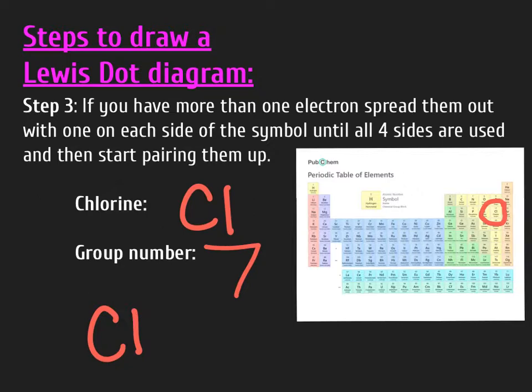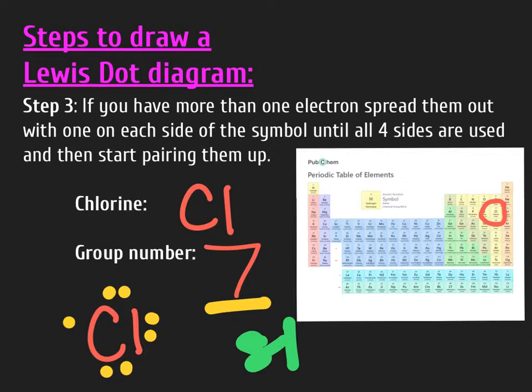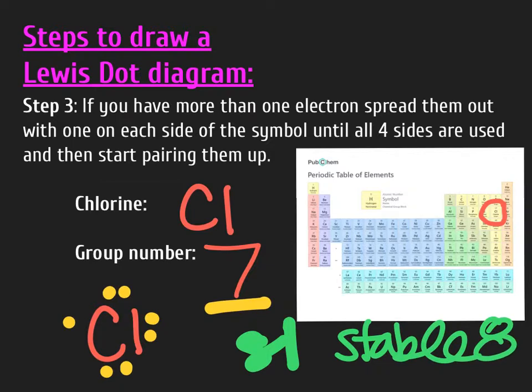So just like with boron, I start at the top, I work my way around each side, and then I start to double up, top, right, bottom. So there are 7 total valence electrons in my diagram. So a really simple, easy way to do this and get a visual of how many there are, and then think about, what do I have to do to get this atom to the stable 8 rule that everybody's working towards.